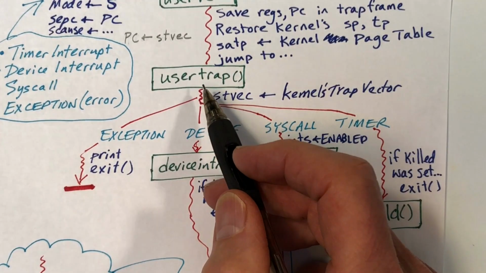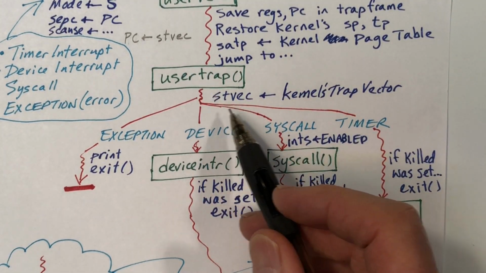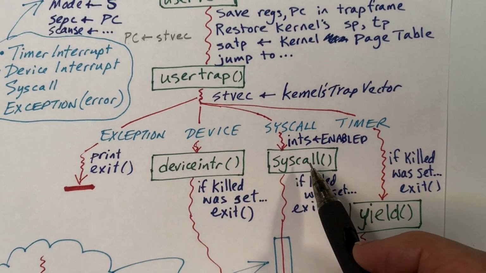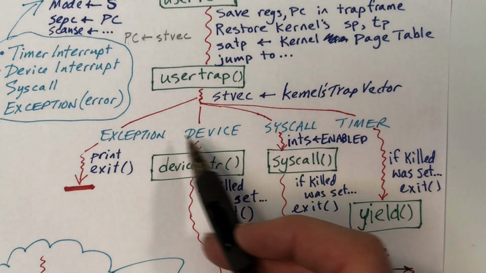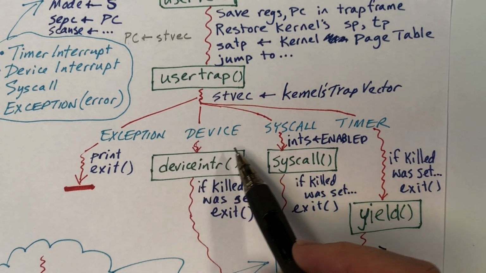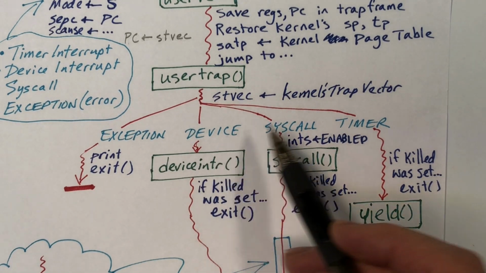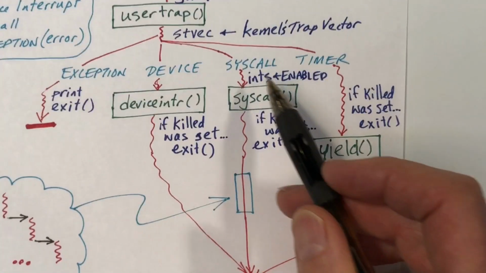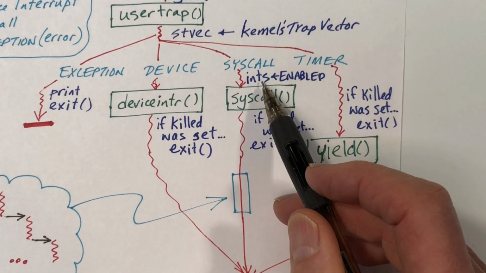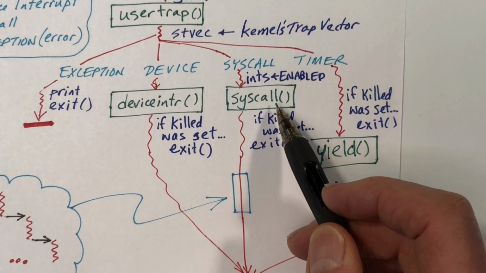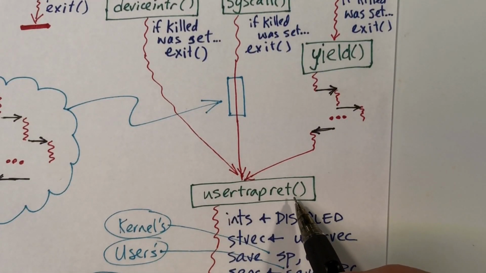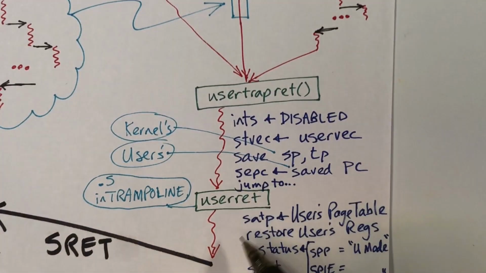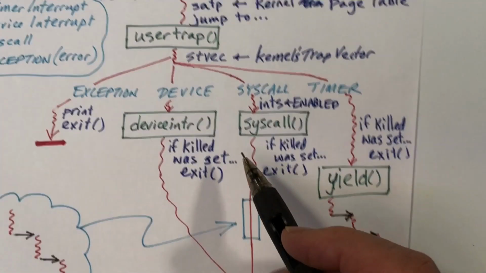So what happens in usertrap? Well, we have a big if statement that determines the cause of the trap. Is it an exception, or is a device requiring attention, or is it a timer interrupt, or is it a system call? If it's a system call, we enable interrupts and then invoke the syscall function, and after that returns, it invokes usertrapret to begin the process of going back to the user mode code.